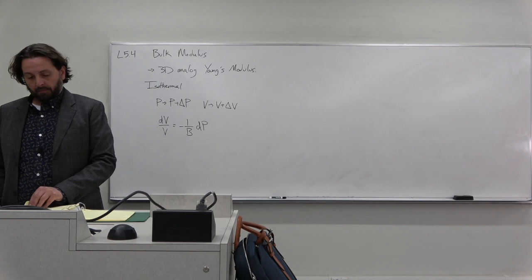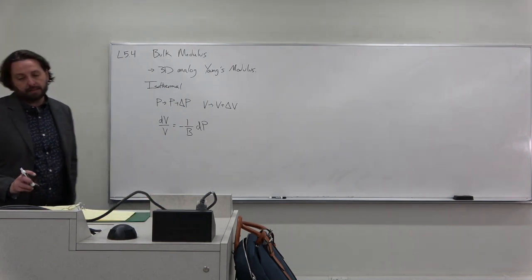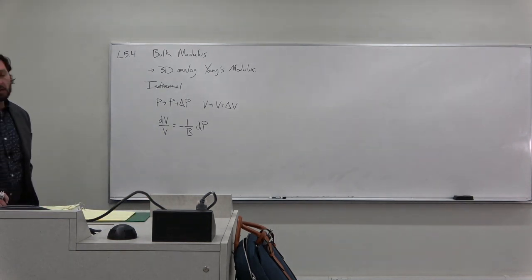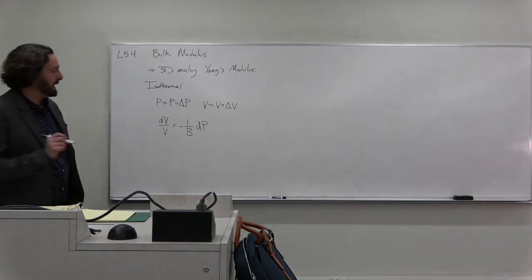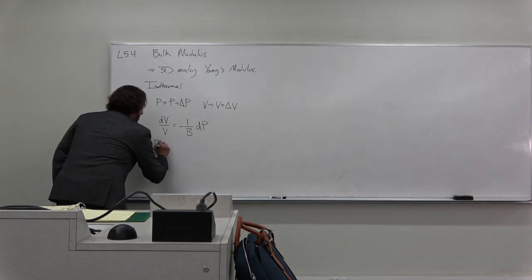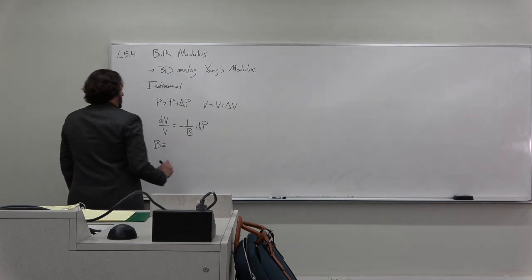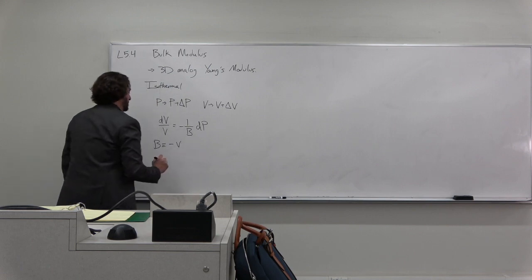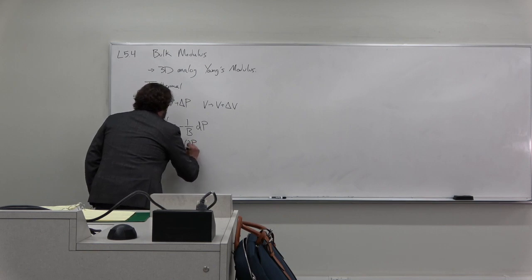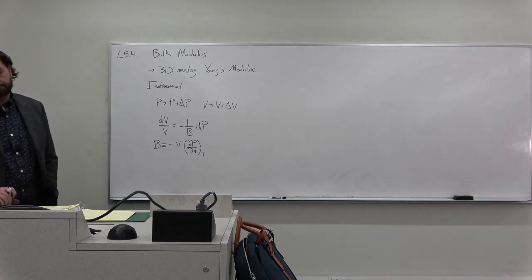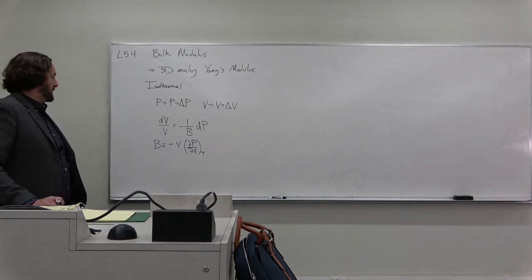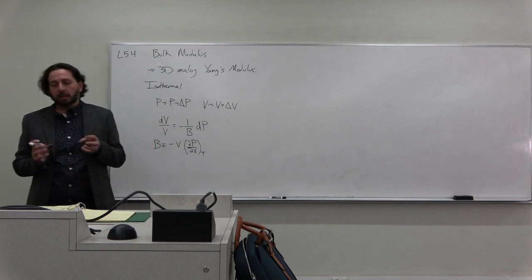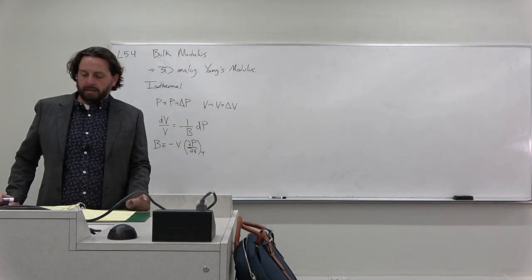So let's rewrite it in terms of the bulk modulus, defining it. It's minus V partial P partial V at constant T. So the bulk modulus really is a measure of how hard it is to compress a material.